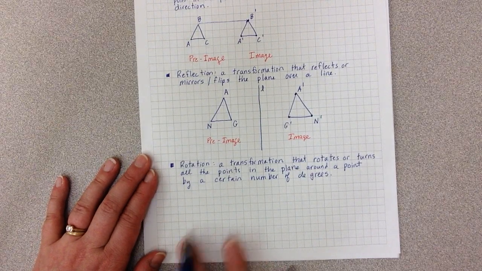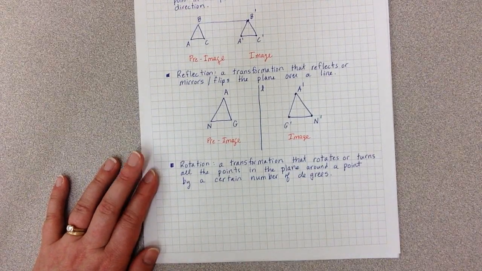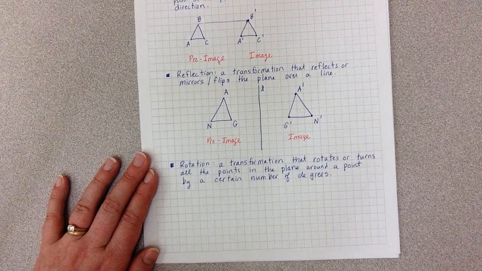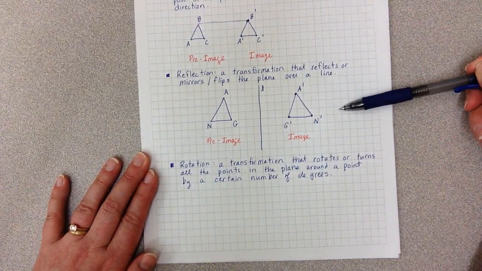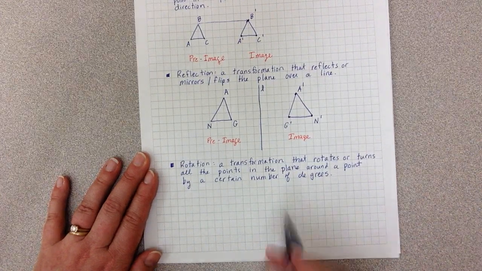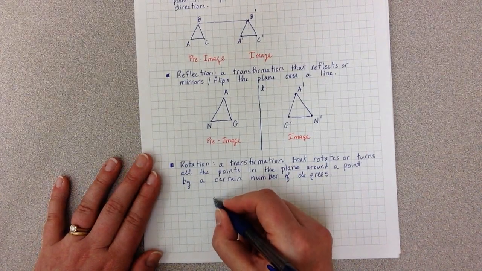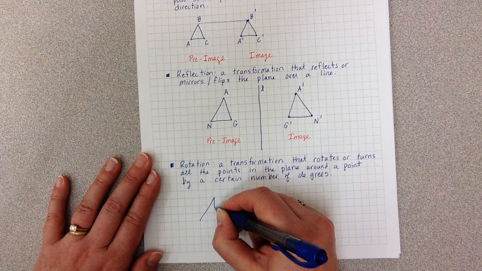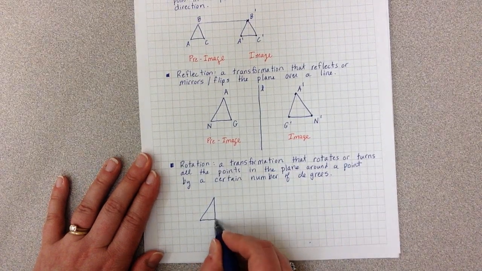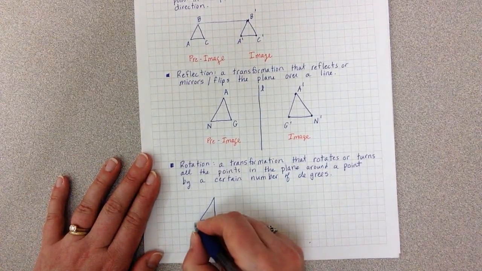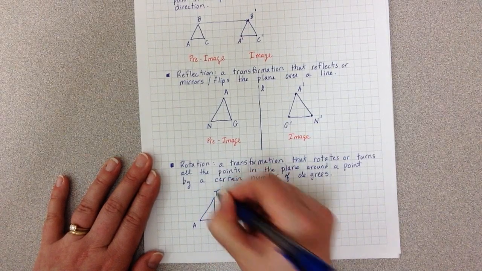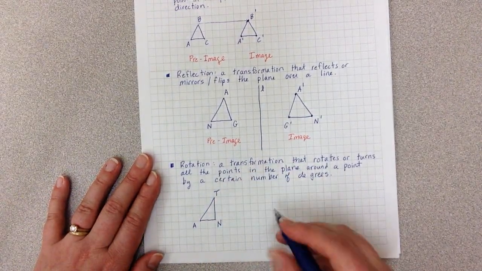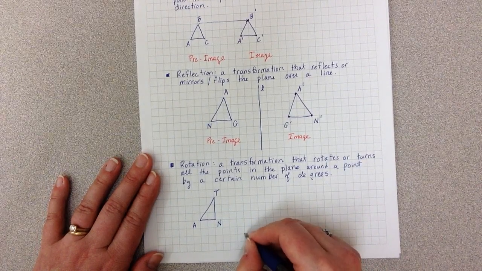Doing a transformation freehand is a lot more messy than what we could do with the translation and the reflection. So you just bear with me in terms of the fact that this is going to be kind of a rough sketch. So I have this lovely triangle. We'll call it ATN. And I'm going to rotate it around this point.